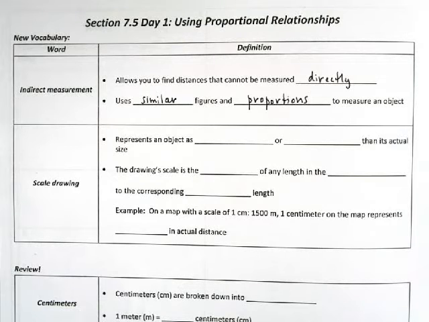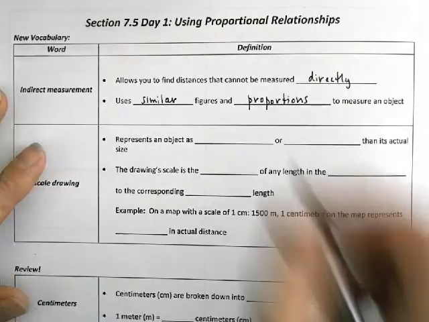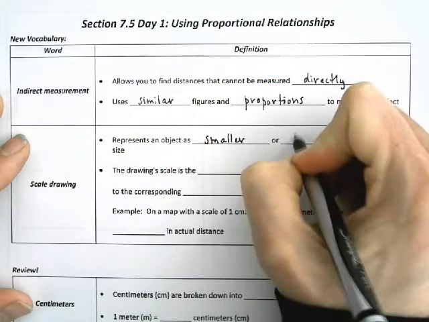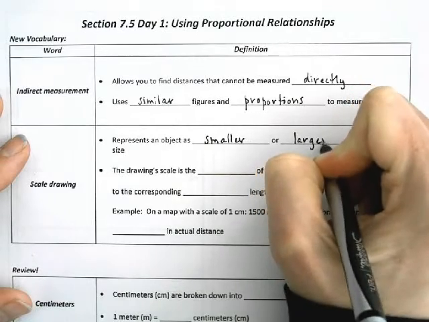Okay, so that'll be piece one of this, indirect measurement, and then we're going to be working with scale drawings. We actually talked a lot about this in section 7.1, so we'll just be revisiting this today. Again, a scale drawing just represents an object as smaller or larger than its actual size. So for example, like a blueprint of a house.